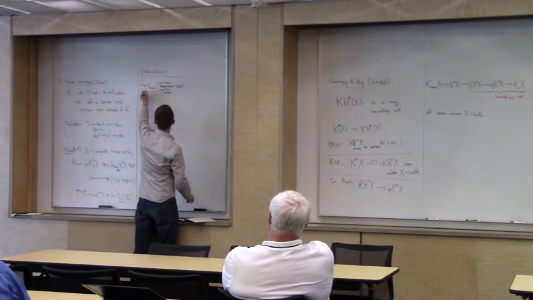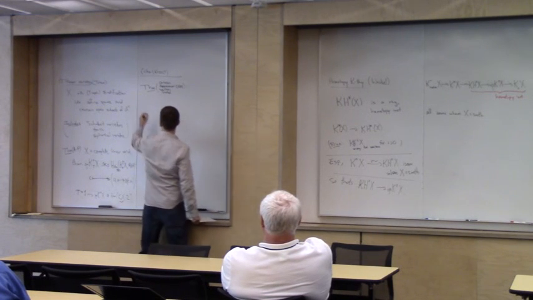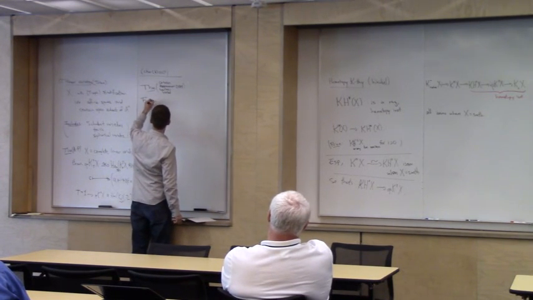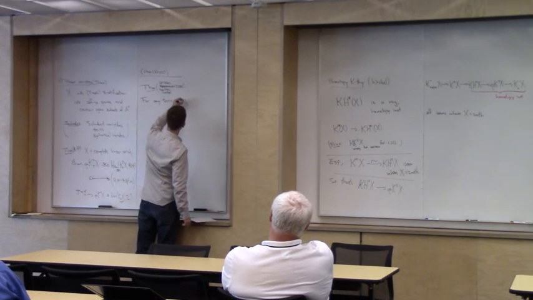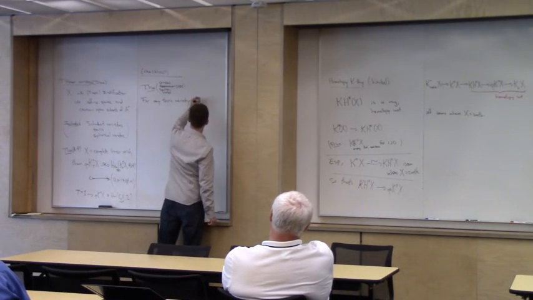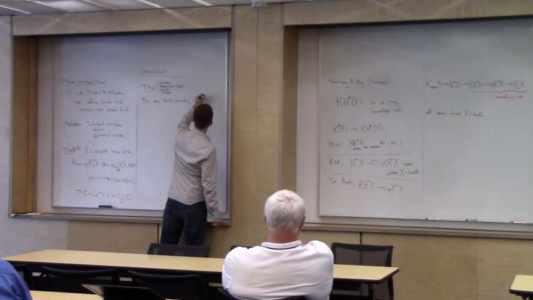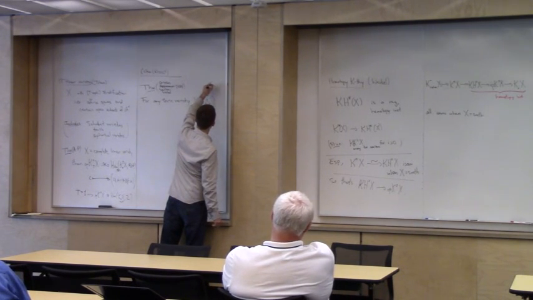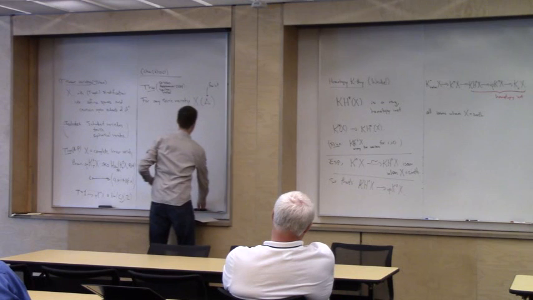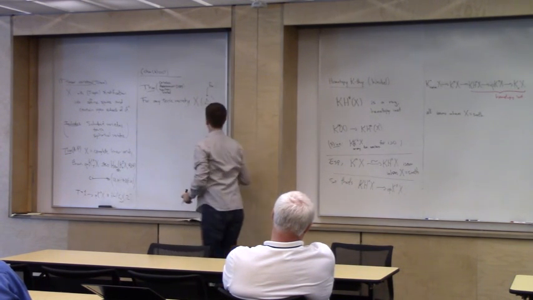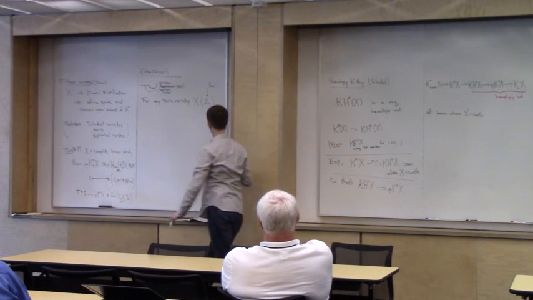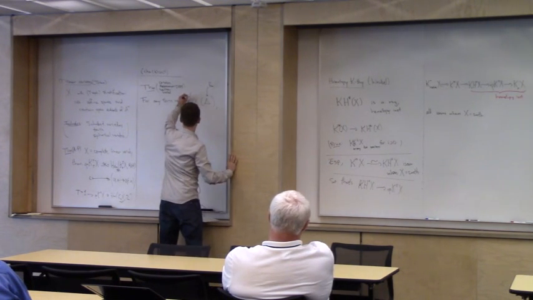And what they proved is that for any toric variety, so remember, a toric variety depends on a fan in some vector space, I'll just call this X.